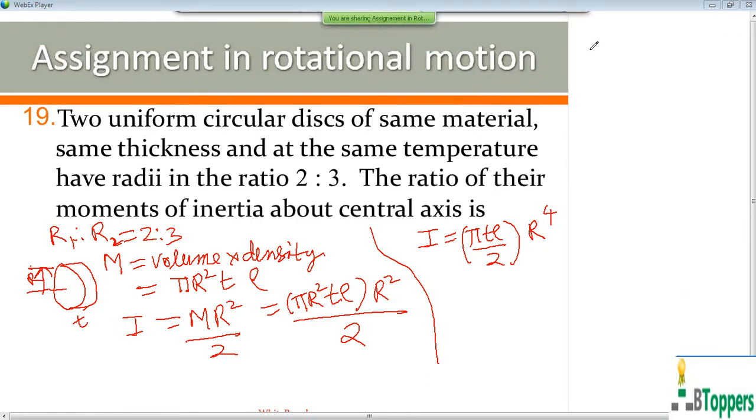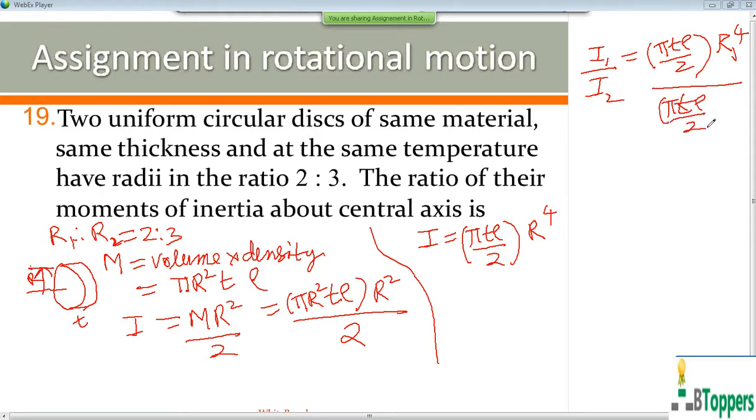So moment of inertia of the first circular disk about its central axis of symmetry denoted by I1, that you can write pi T rho by 2 into R1 power 4. Moment of inertia of second circular disk about its central axis of symmetry, you can write pi T rho by 2 into R2 power 4.